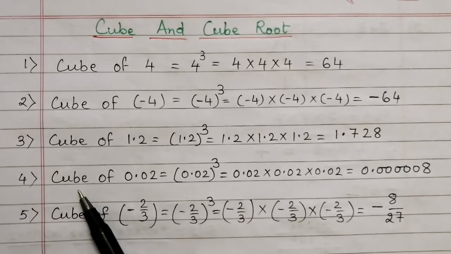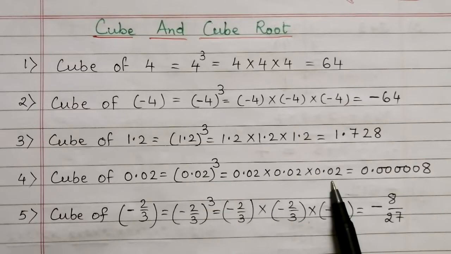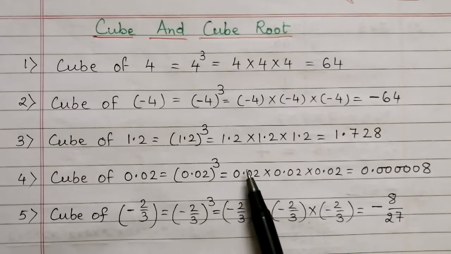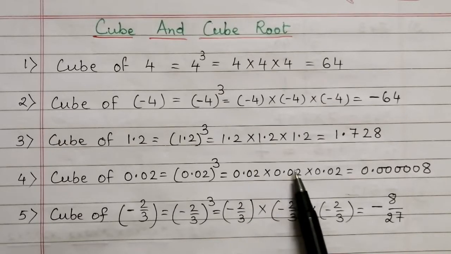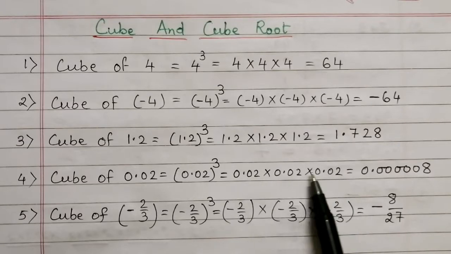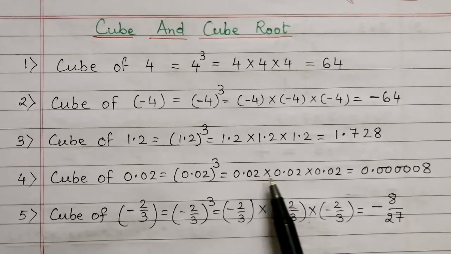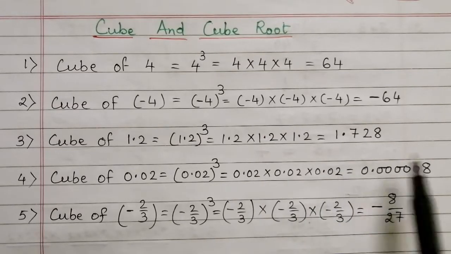Now see this example, cube of 0.02. So this multiplication. Now see here, after decimal point 2 digits, like this here 2 digits, after decimal here 2. So total digits after decimal: 2, 2, 2, so total 6. So 2 into 2 into 2 is 8.